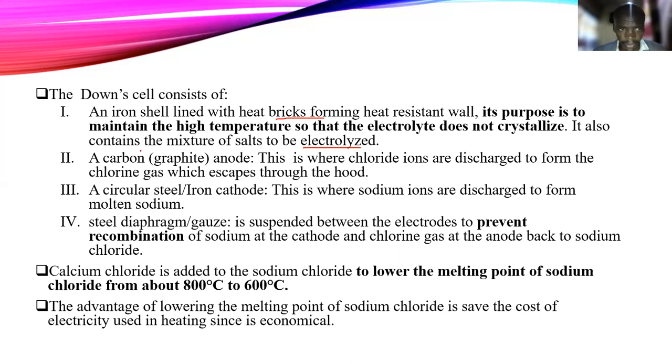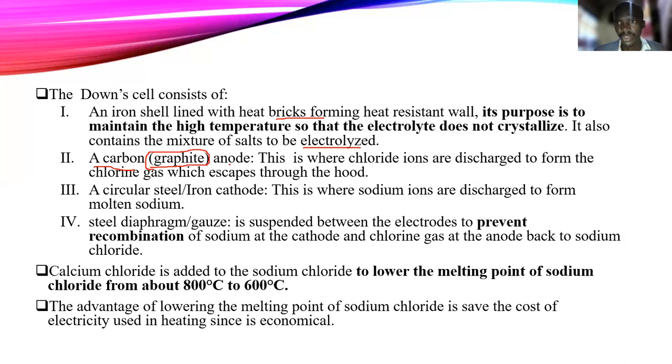Then we have another one called carbon. Carbon is the anode part of the Downs cell. Carbon is made up of graphite. Somebody can ask you, why is it made up of graphite? Because graphite is inert, meaning it does not react with the chlorine gas which will be produced there.